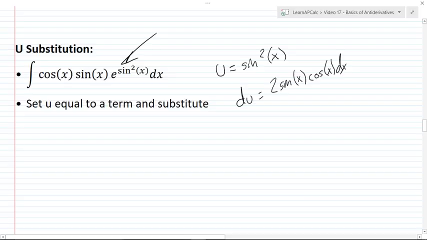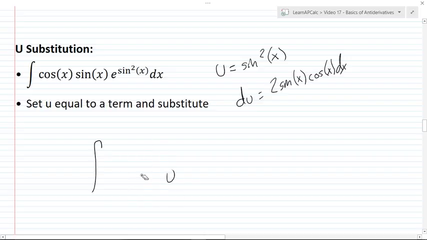And then substitute in u up here, and du for dx right there. And what should happen is that terms should cancel, and you should be left with an integral that's only in terms of u. So here if you do it, it's e to the u over 2 du.